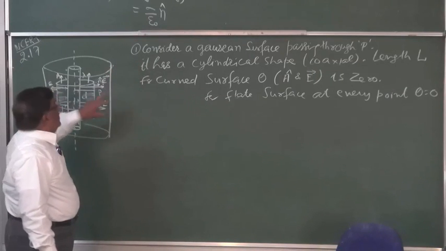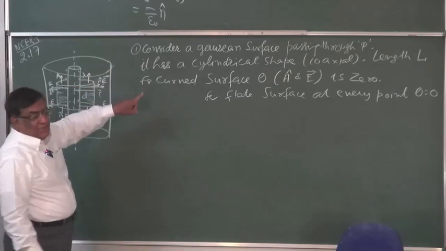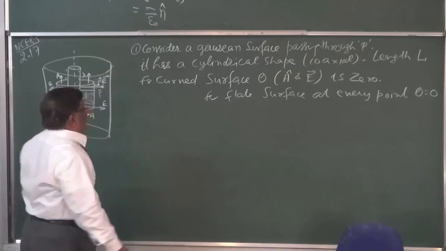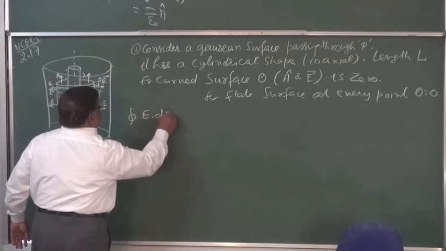We have described what our Gaussian surface is, what the electric field direction is, and what theta is. Now we will calculate closed integral E dS.